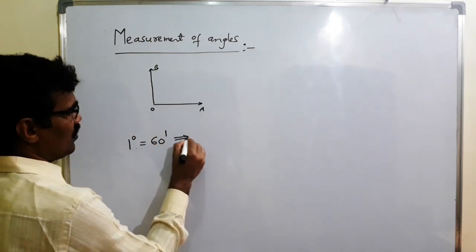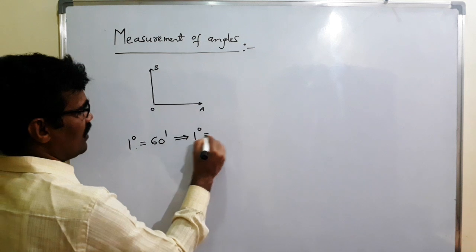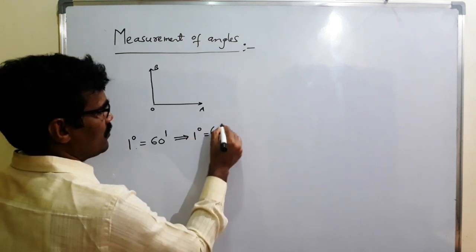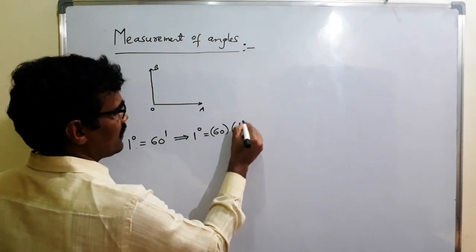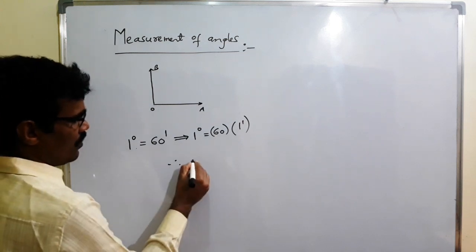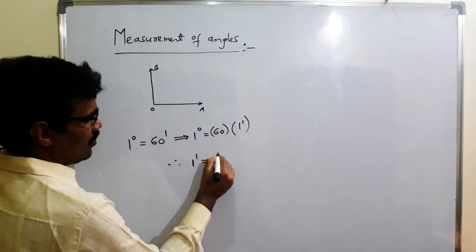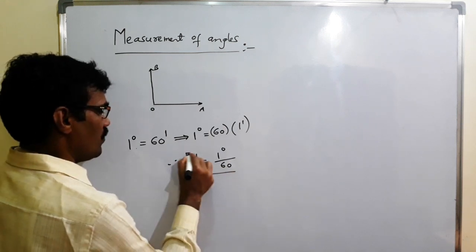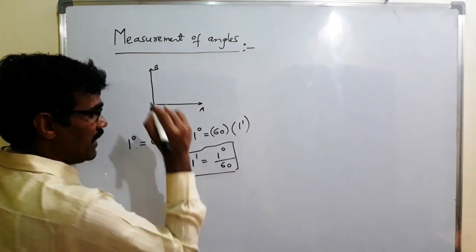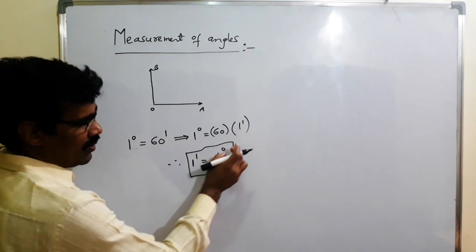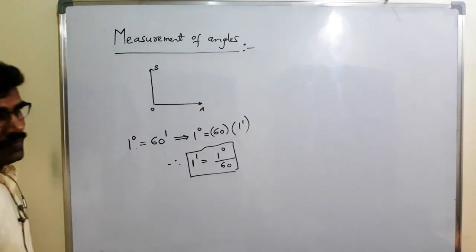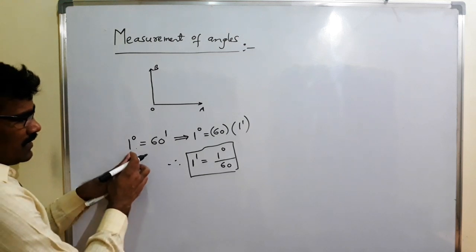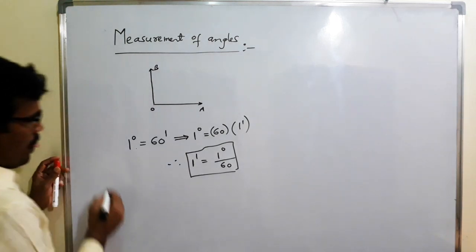Therefore, 1 minute is equal to 1 degree by 60.